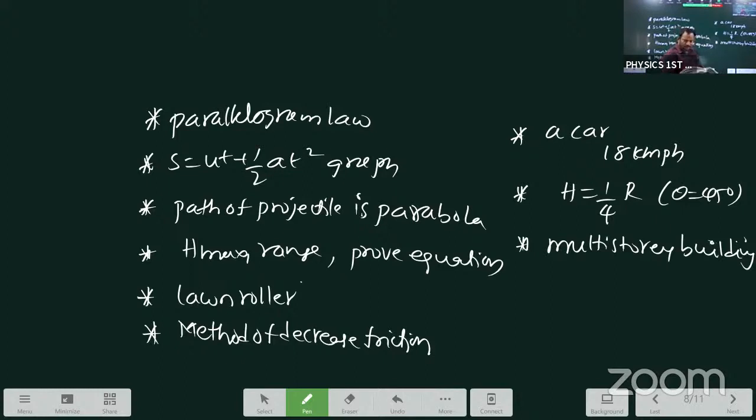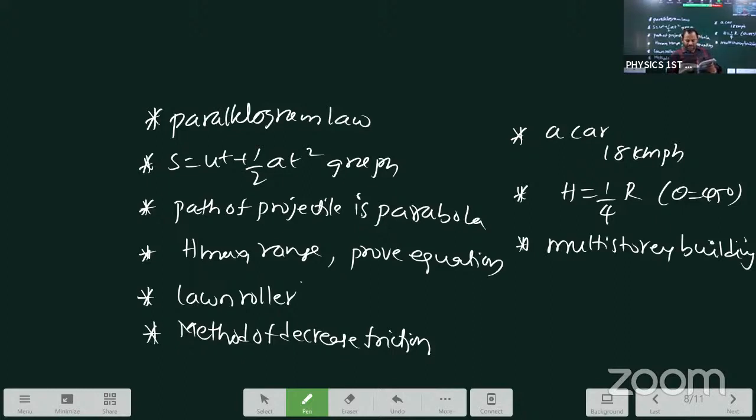Here, student, page number 57, question number 3. All these questions look like VSAQs, but in the examination you can get all these questions as 4 marks questions, SAQs.